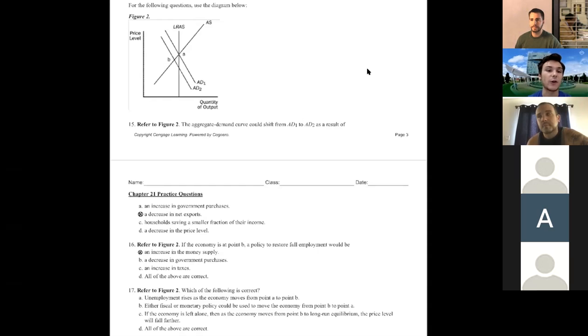Their argument is that changing aggregate demand in the long run, going from point A to B, doesn't do anything for us but increase the price level. Whereas if we did not increase aggregate demand at all, we would go from point B all the way back down to the long run aggregate supply. The price level would drop and we would still be at the same point. So basically, we're just increasing the price level without doing anything.